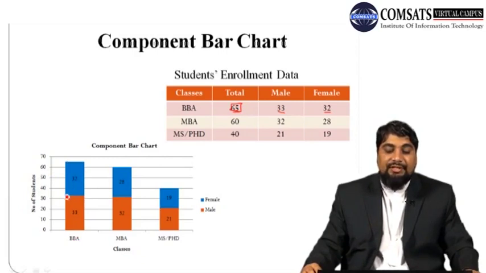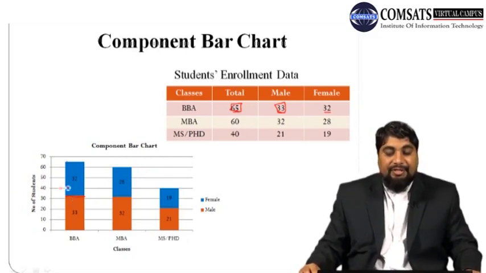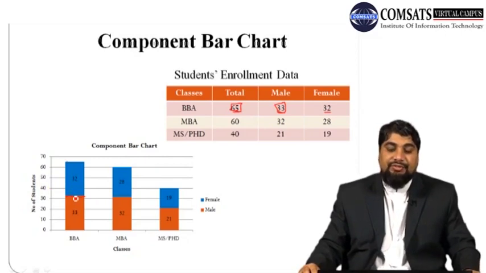The first, from 0 to 33, will be the male students, and the remaining 32, the remaining portion, will automatically be the second portion, indicating female students.